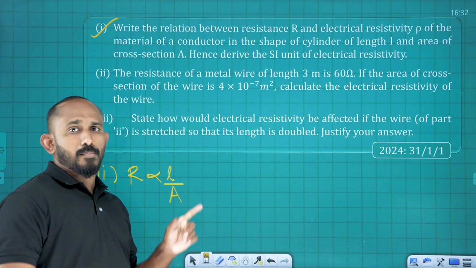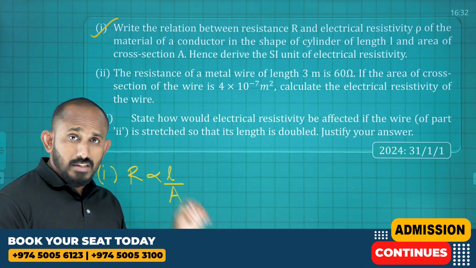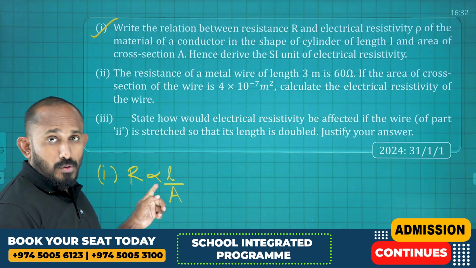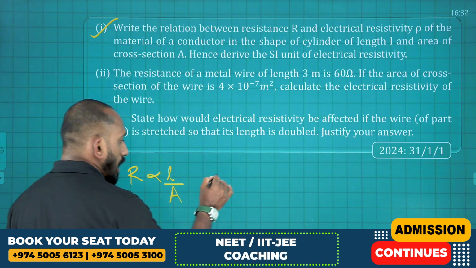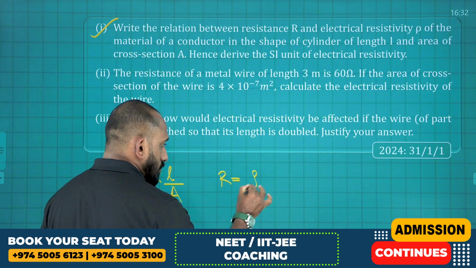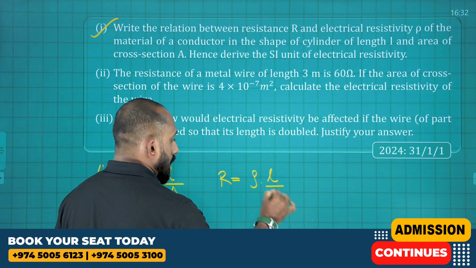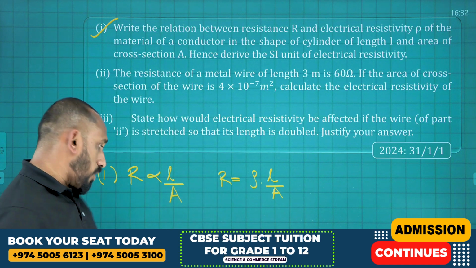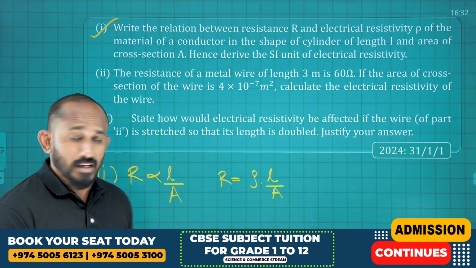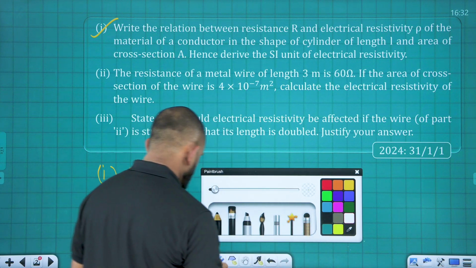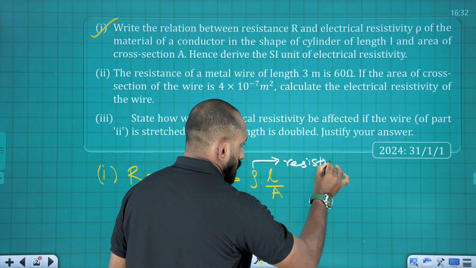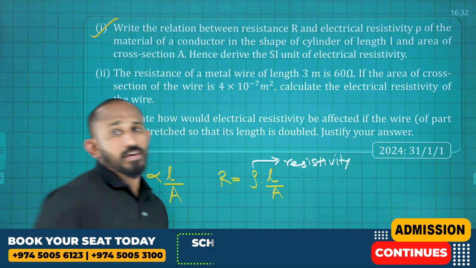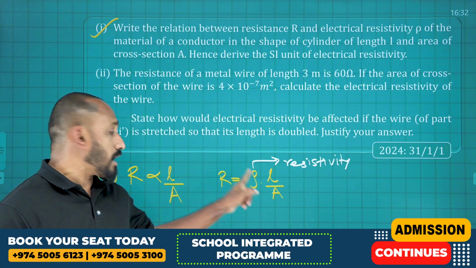If you convert this proportionality to an equation, we get R is equal to a constant ρ into L by A, where this ρ is known as the resistivity of the material. So this is the relation between R and ρ.